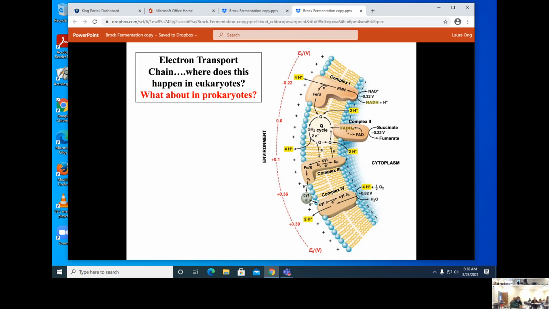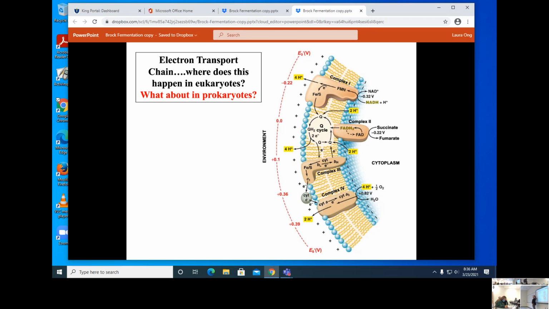Yeah, there are several things. If you don't have a gradient, that can stop it. If something messes up the gradient and you don't have H plus out here, that's going to stop it because there's nothing to power ATP synthase.